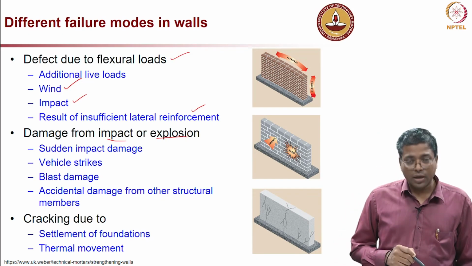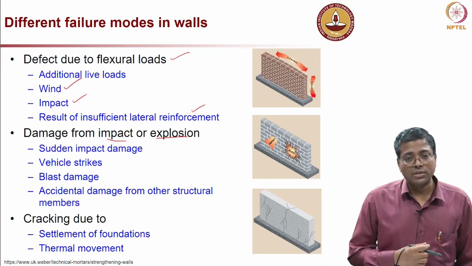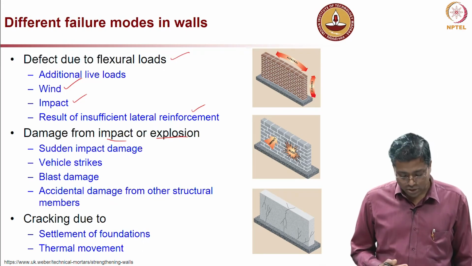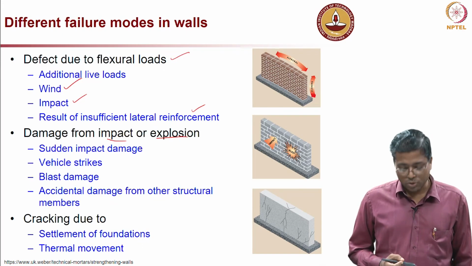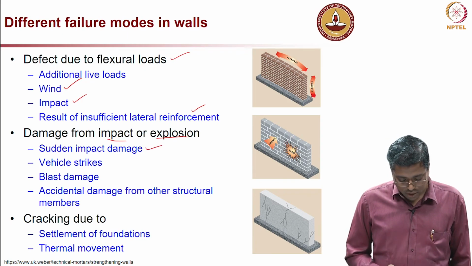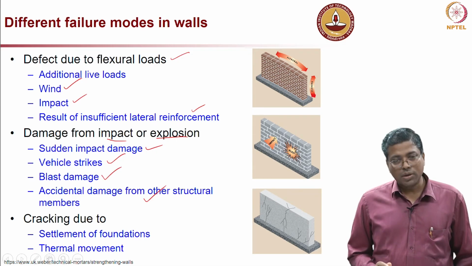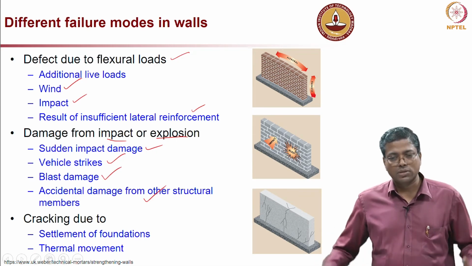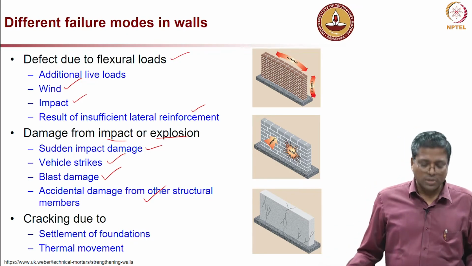And if the walls experience impact or explosion, there could also be major failure. So, sudden impact or damage, such as a vehicle striking, blast, or accidental damage from some other structural member falling onto something.